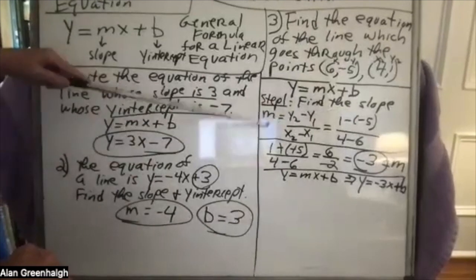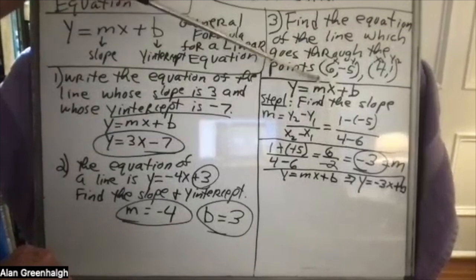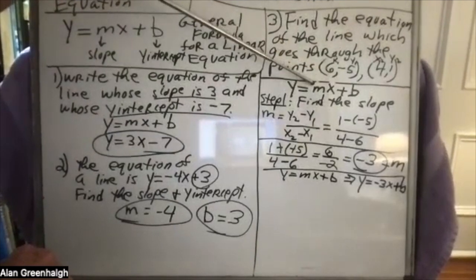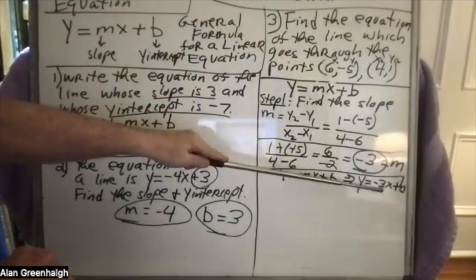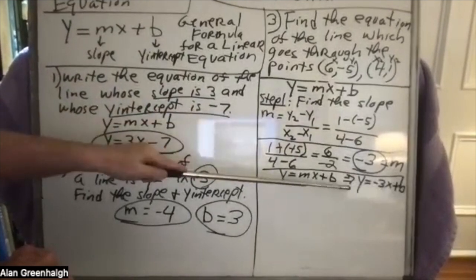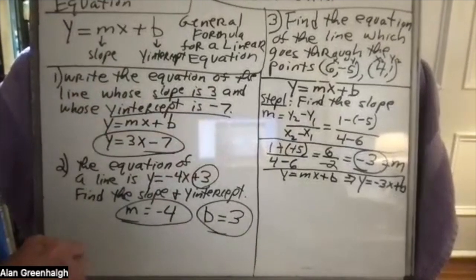So we have found the slope. This is the general form of an equation, y equals mx plus b. We found out what m is equal to. We substituted it in, but we still have to figure out what b is equal to. How would we go about doing that? Can anybody contribute that?